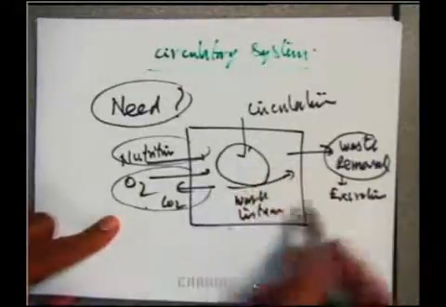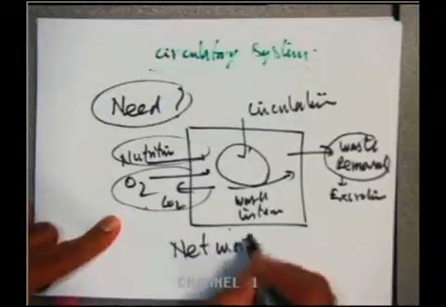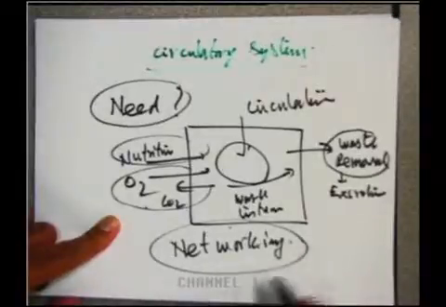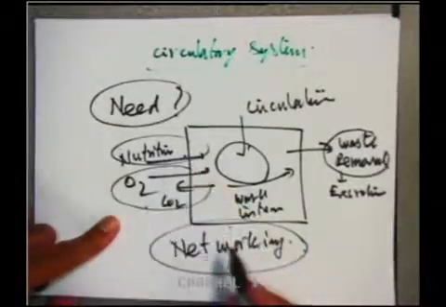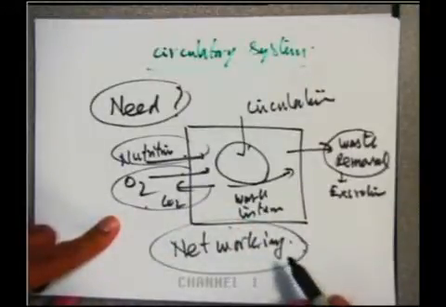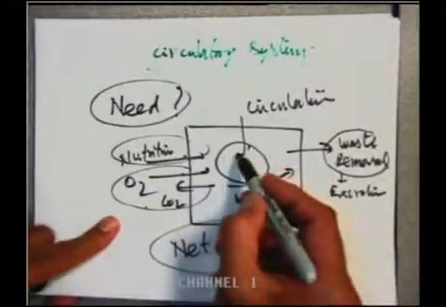You need to have some network, otherwise we call it networking. All these tissues require nutrition and oxygen, and that is being supplied, and from the tissues carbon dioxide and ammonia waste will be removed, and a major part of that is the circulatory system.